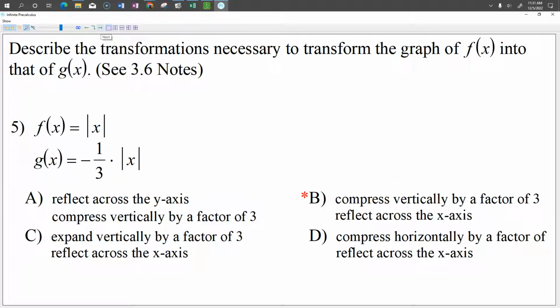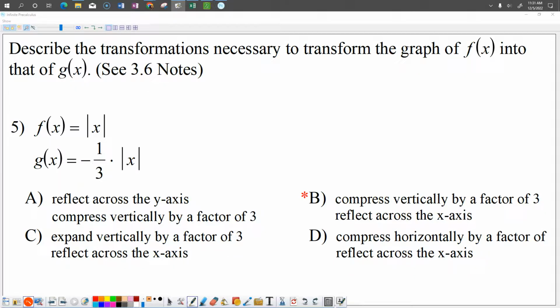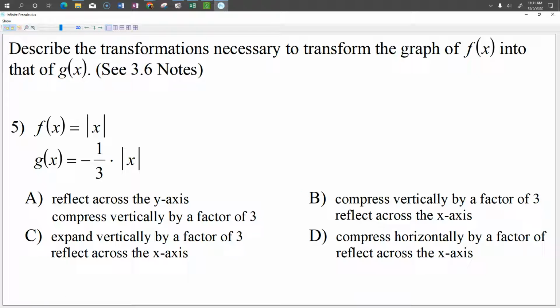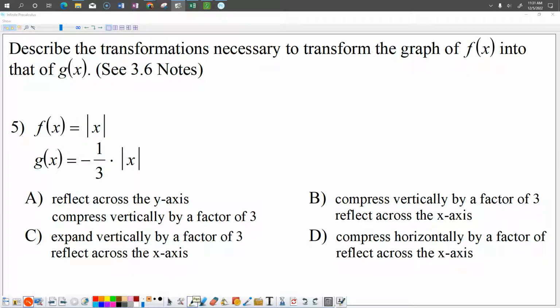Number 5. So far we've seen square root functions, but this time we have an absolute value function. But the same principles apply. It's not a big deal. So first of all, the only thing that we have here is an A. The A is negative 1/3. Now notice that my A is negative.